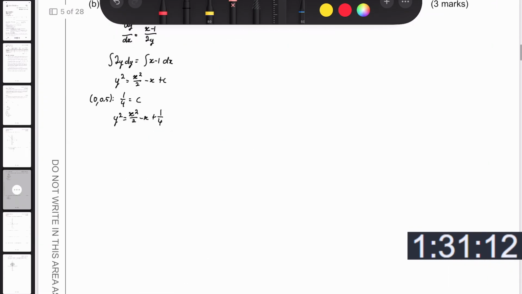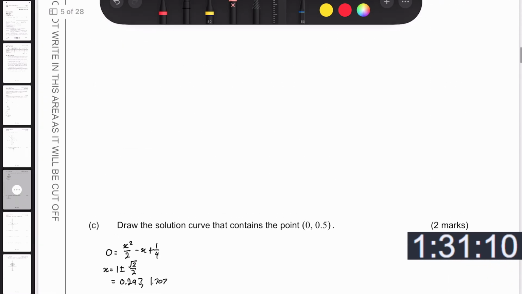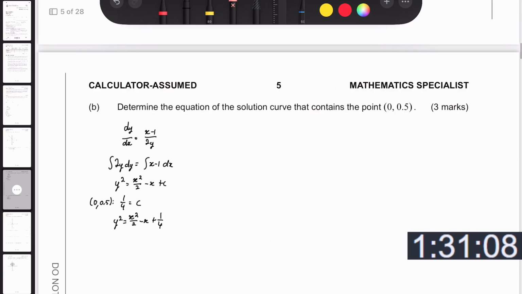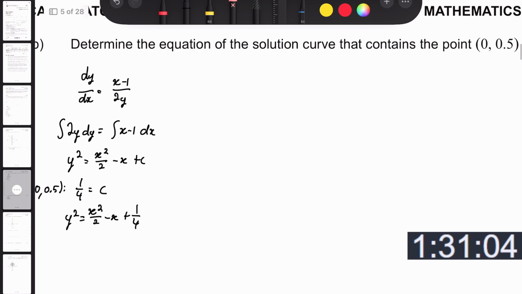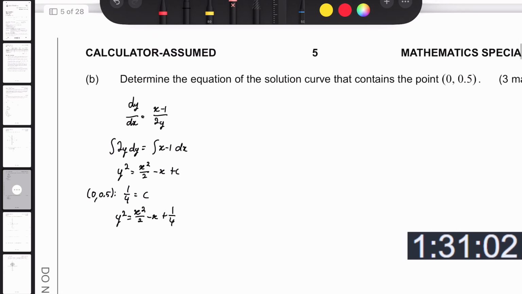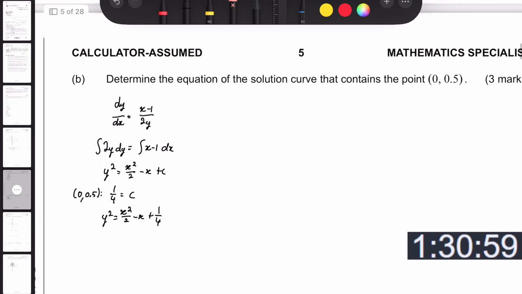The CAS doesn't want to do it, but it contains the point (0.5, 0). It's just equation of the solution curve. So do I do y squared or do I do y?